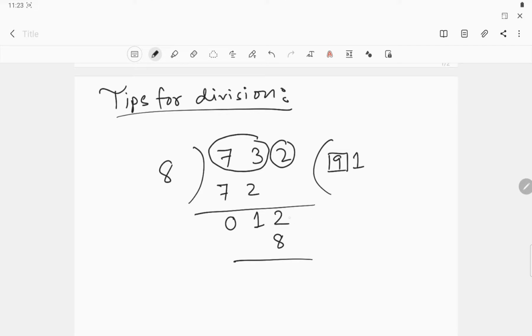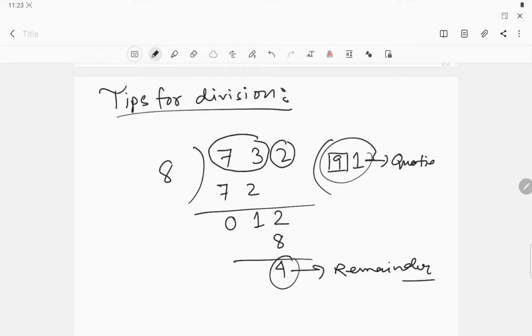If you subtract 8 from 12, you will get 4. Now you can't divide because 4 is less than 8. So this 4 is the remainder, and this 91 is the quotient. This 732 is the dividend, and this is the divisor.